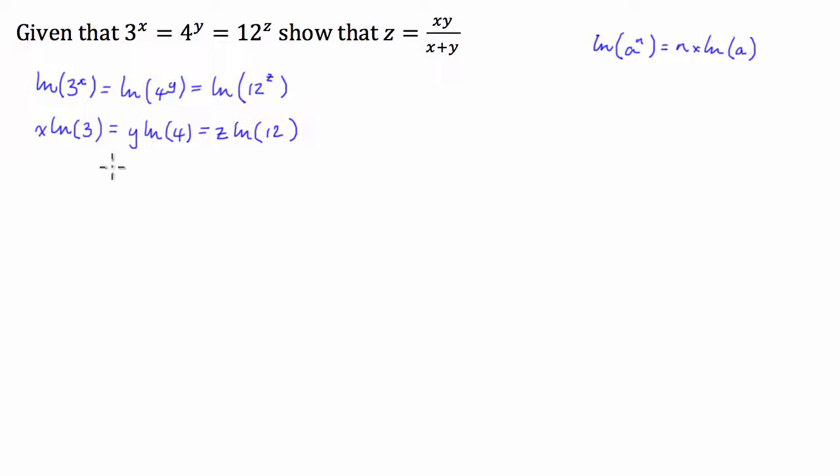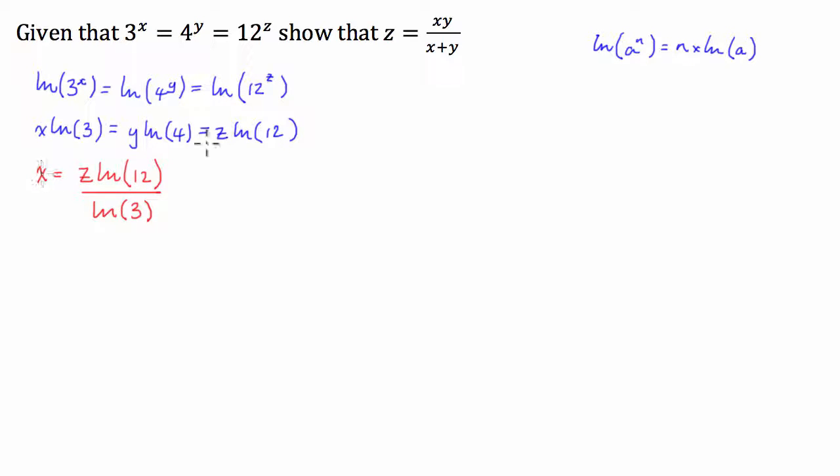So we can use the fact that x ln 3 is equal to z ln 12 to show that x is equal to z ln 12 divided by the natural log of 3.